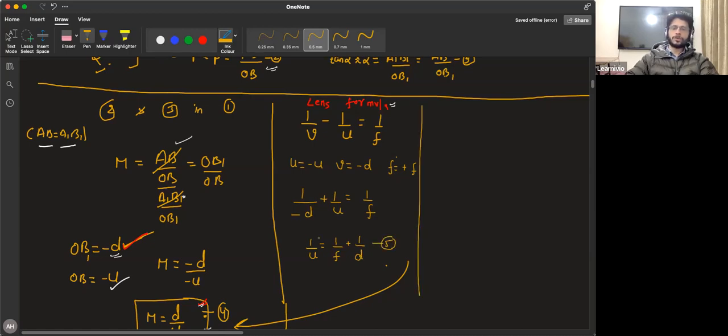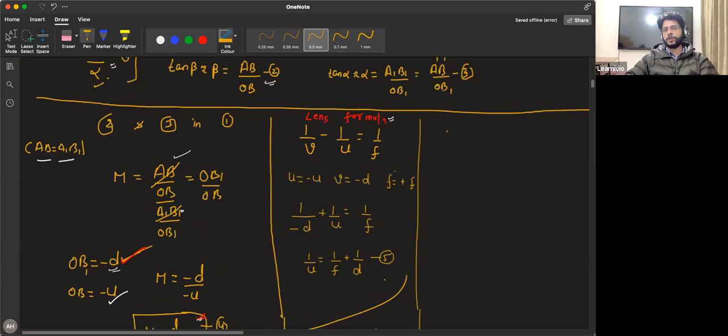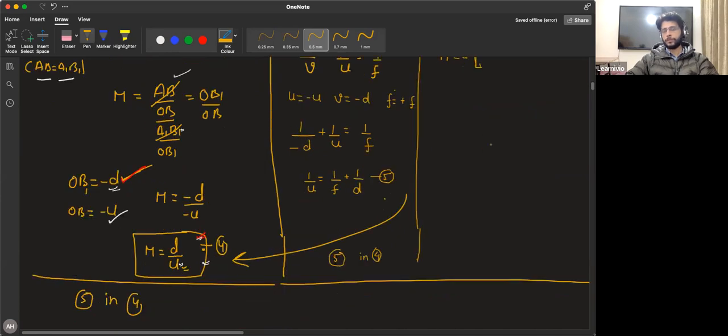Next, we substitute 5 in 4. When you put equation number 5 in equation number 4, you get m is d times 1 by u, and 1 by u is 1 by f plus 1 by d.